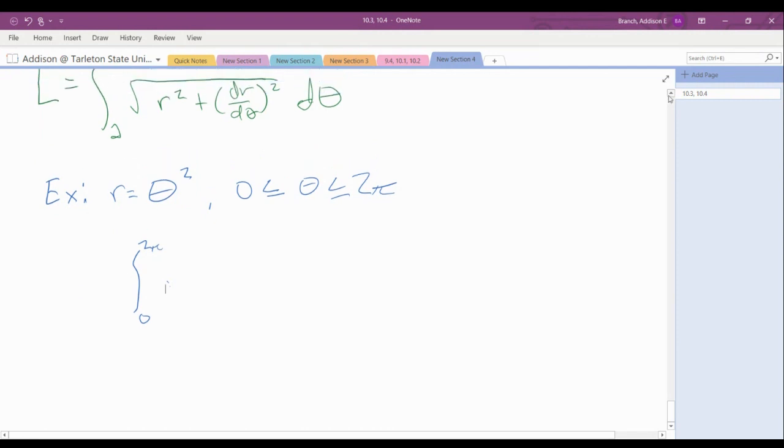Then we're going to do the square root. We know that our r is theta squared, so we have to square that: theta squared squared. Plus, we need our dr d theta, so we take this derivative. The derivative of theta squared is going to be 2 theta.